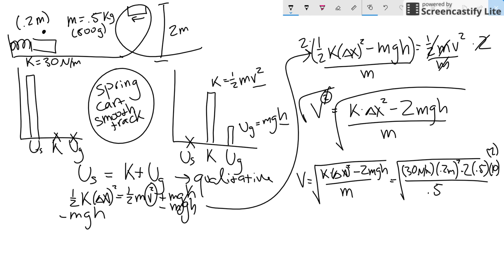Sorry, this is taking so long. 30 times 0.2 squared, I don't know why it's fighting me, minus 2 times 0.5 times 10 times 2. Okay, divided by 0.5. Square root of 37.